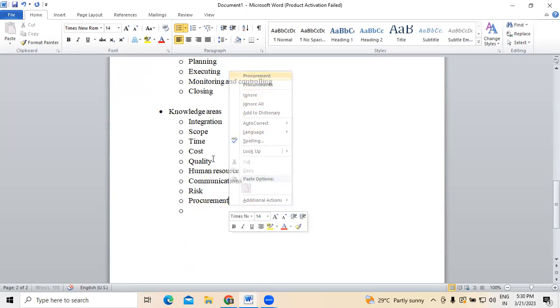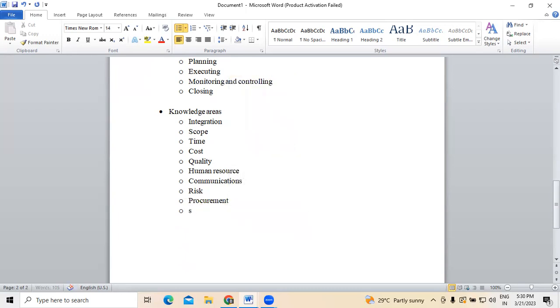Last but not least, I can add stakeholder management also, because it is essentially important to manage stakeholders throughout the project, depending on the kind of power as well as the interest they have. So stakeholder management also has to be focused more on.